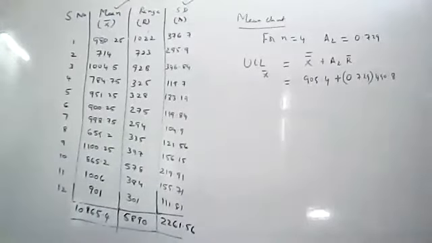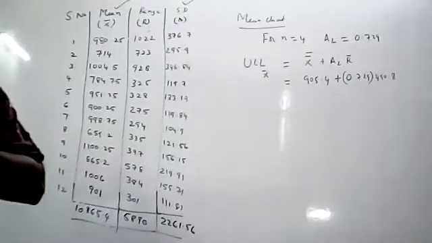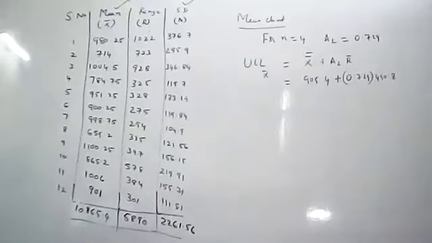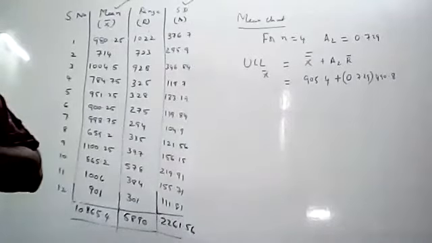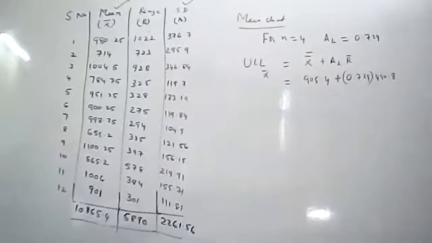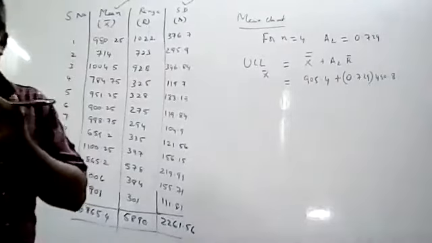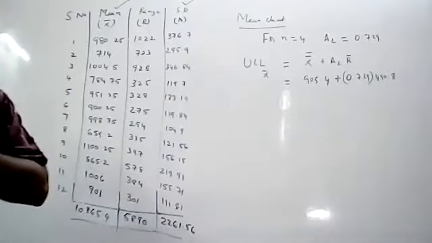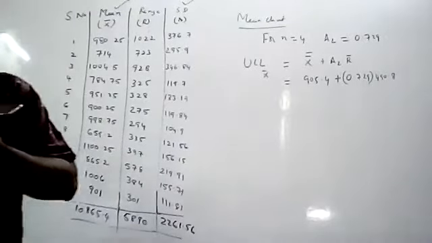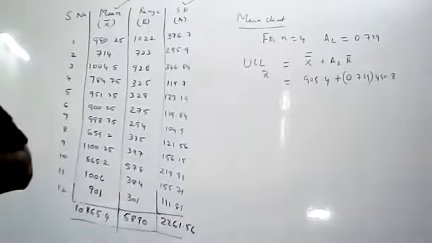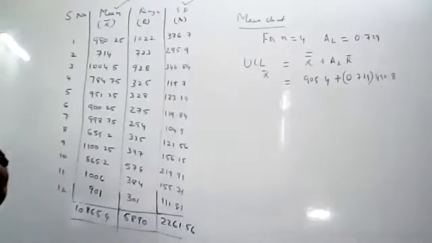X double bar plus A2 R bar. 1234 or 1263? The textbook has given 1263.26. Some got 1263.19, and Avinash got 1263.24. That is correct.